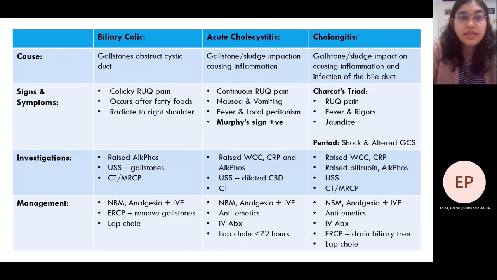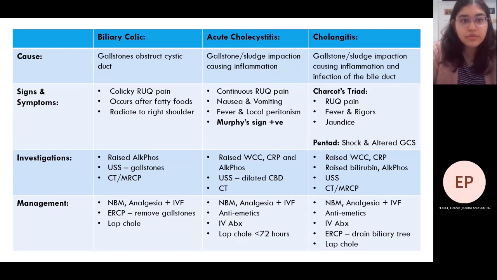And for acute cholecystitis, we need to remember that patients are often Murphy's sign positive, which means that when you press into the right upper quadrant, patients will have a lot of pain, and then they often catch their breath, and that would be a positive sign. And it's only Murphy's positive if they don't have a similar finding on the left side. So you need to do the sign on both sides for it to be a true Murphy's positive sign.